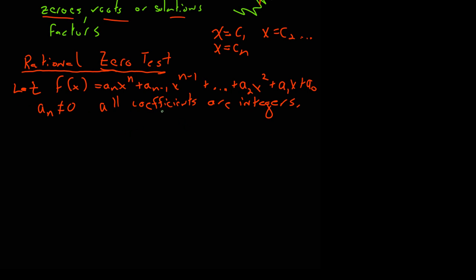And so if we have integer coefficients and leading coefficients, and if some rational number in its lowest form, so we've simplified it, right? We're not going to have 10/50ths. We'll simplify it to 1/5.